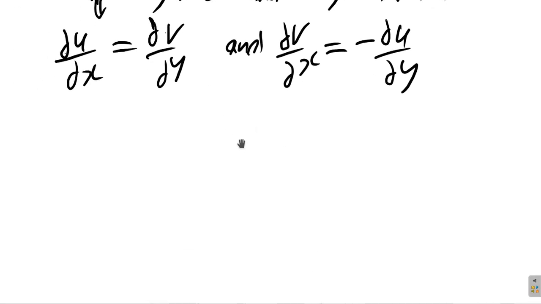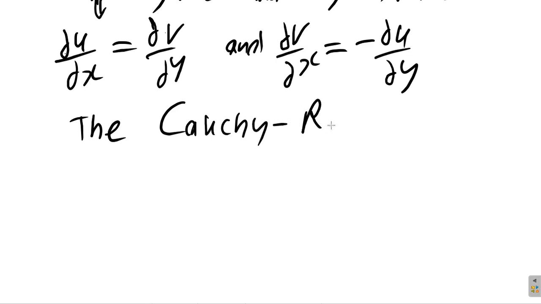All right, so here delta u by delta x equal delta v by delta y, and delta v by delta x equal negative delta u by delta y are the Cauchy Riemann equations.